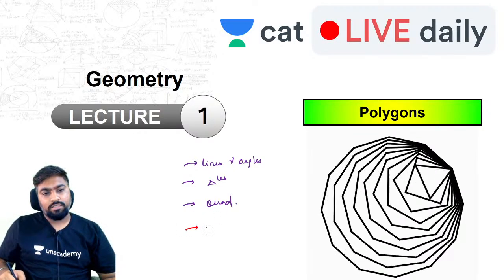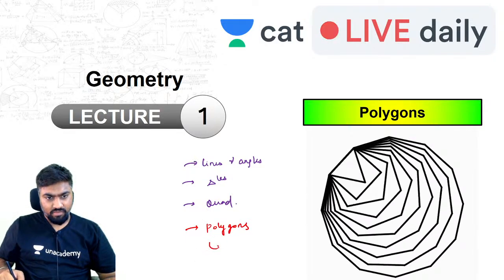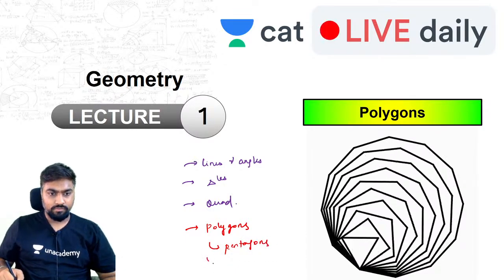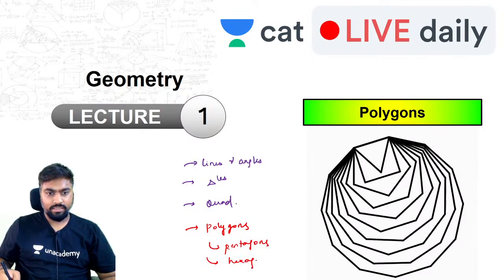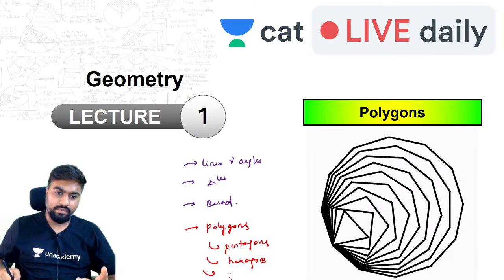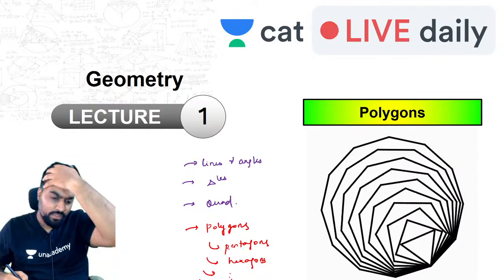So under polygons we will be looking at 5-sided pentagons, 6-sided shapes, hexagons, 7-sided heptagons, 8-sided, 9-sided, 10-sided, and so on, right? That's the deal. Hi Nalin.